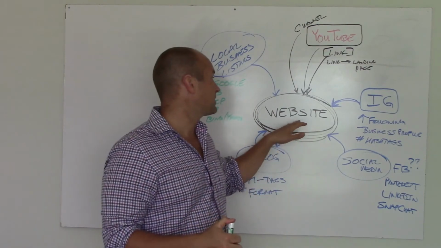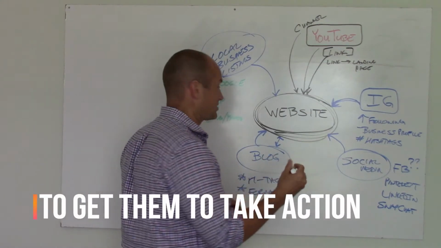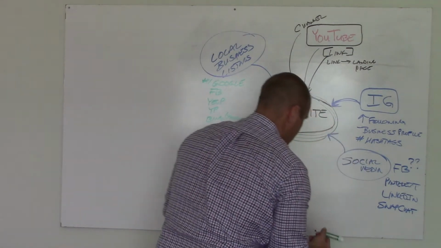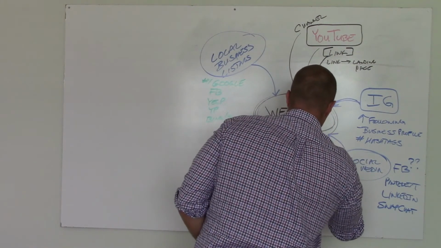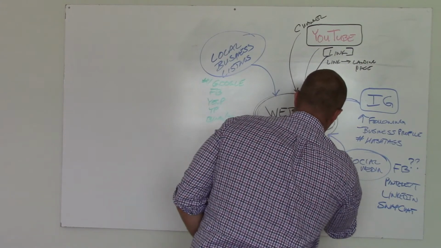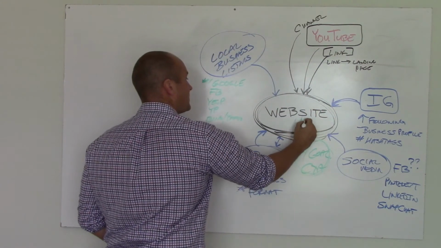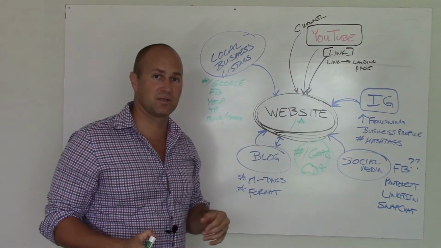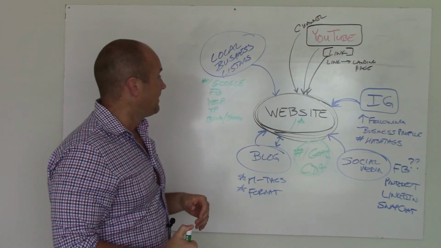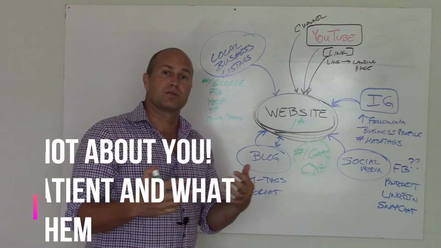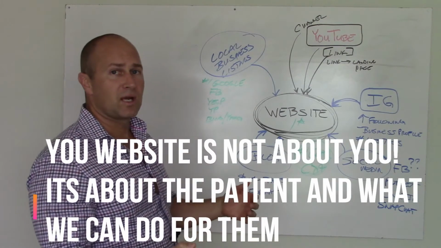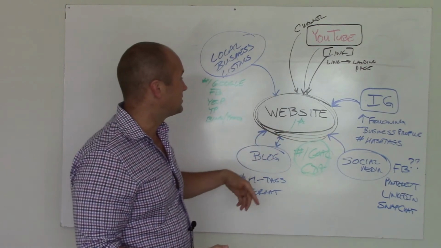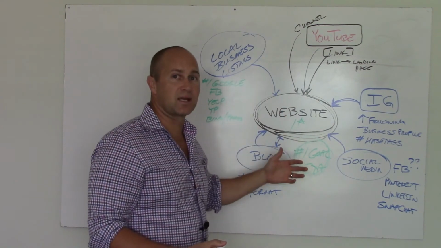The whole goal of your website is to get prospective patients to take action, okay? Your website shouldn't be about you, shouldn't be about your certifications, your training, your treatments. People don't care what you actually do, okay? The number one goal of your website is to get people calling, taking action, signing up for forms.